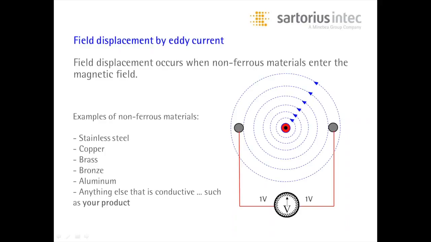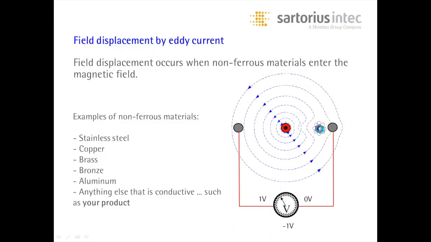So what happens in this case when a non-ferrous material enters the electromagnetic field? You still get an offset in voltage, but this time it reacts a little bit differently to the electromagnetic field lines. The field lines are not attracted or concentrated towards that piece of metal, but instead they are inducing yet another electromagnetic field within the contamination itself.